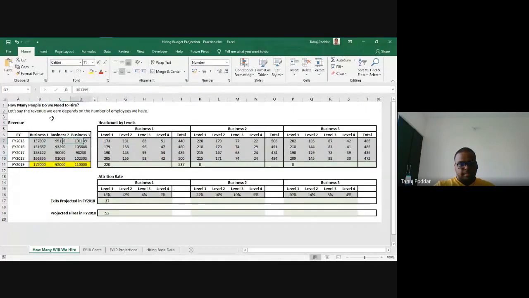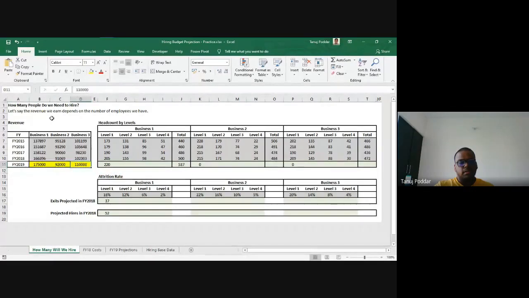Similarly, you have this many people working for business two throughout these years, and you had this kind of revenue generated. For each headcount, you also have the breakup: how many people were there at level 1, level 2, 3, 4, etc.